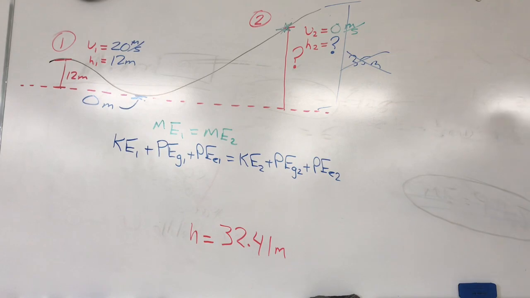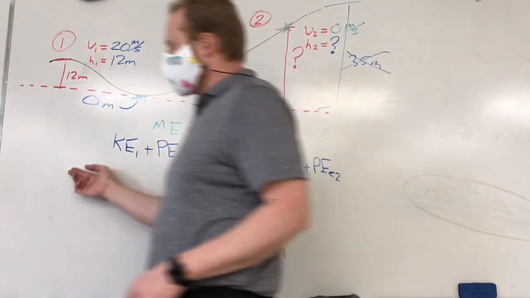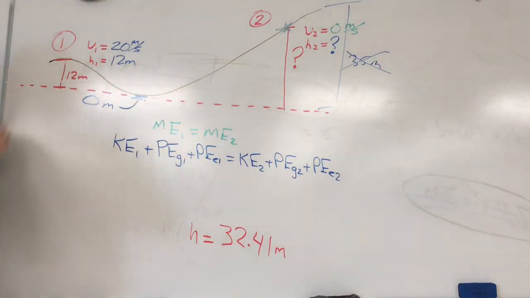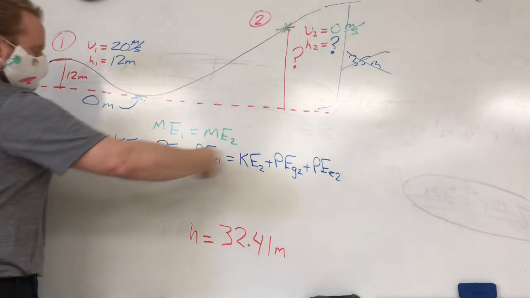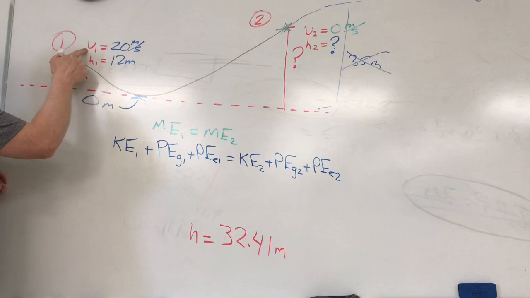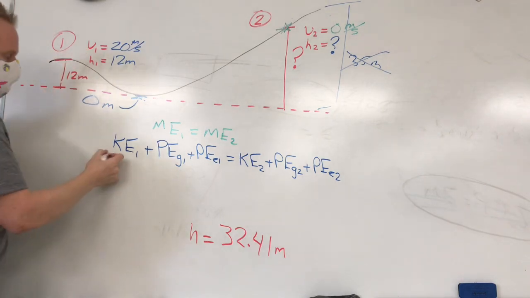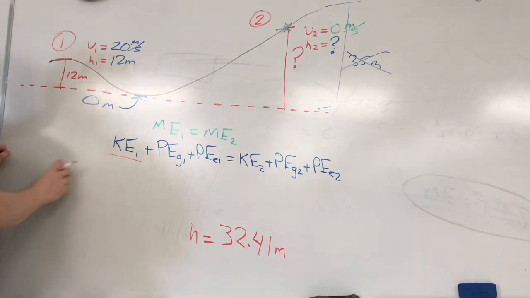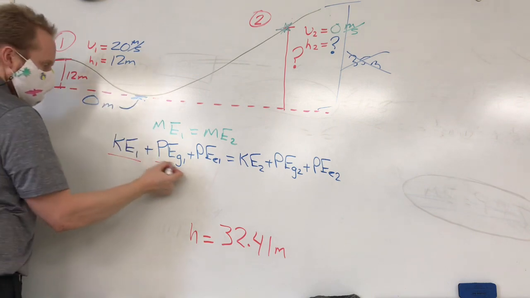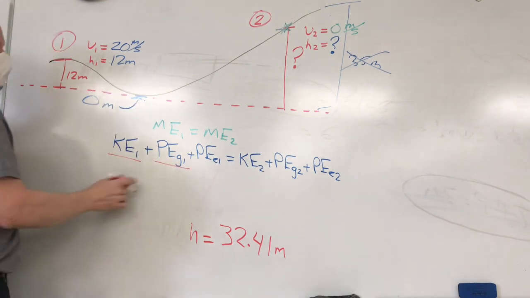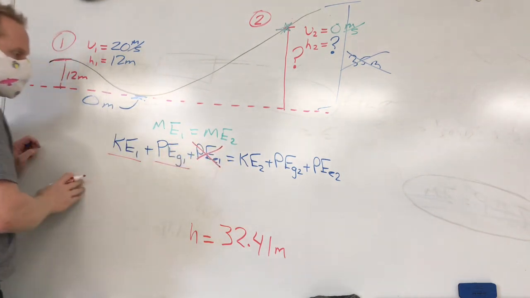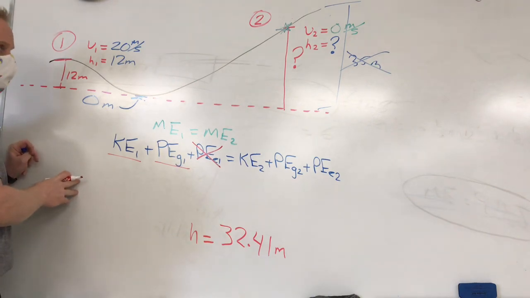This equation expands out to be this. And by labeling my V1s and H1s and V2s and H2s, it should make this equation a lot nicer. At location 1, we said there was a V1, so there's a KE1. At location 1, we said there was an H1, so there's a PEG1. There is no spring at either location.